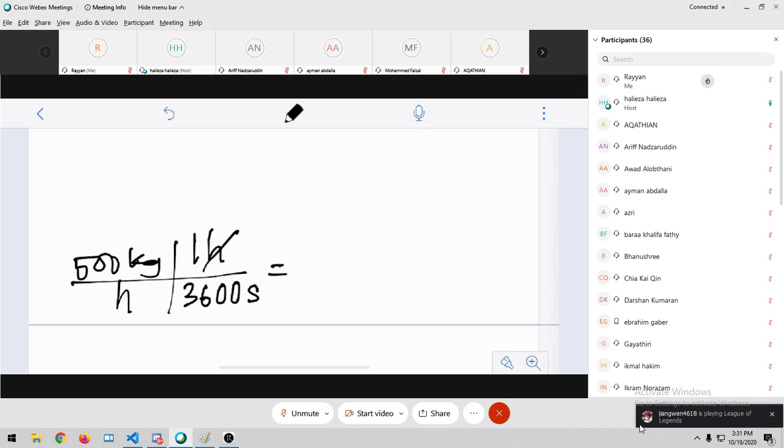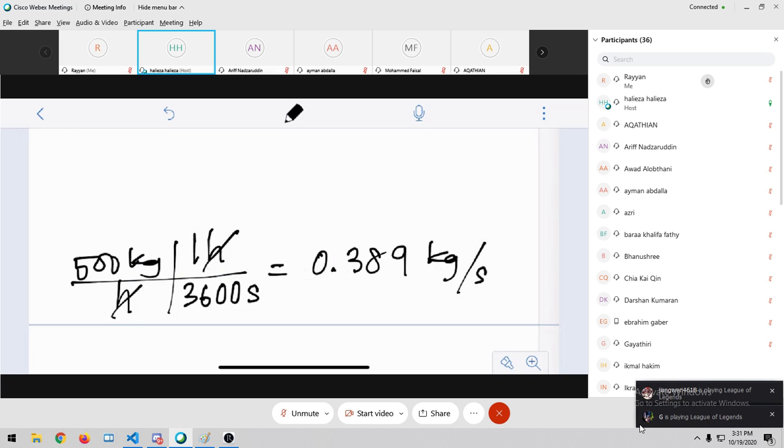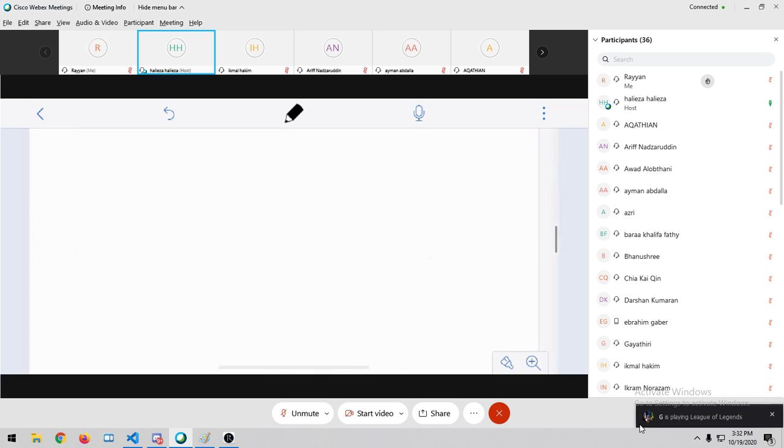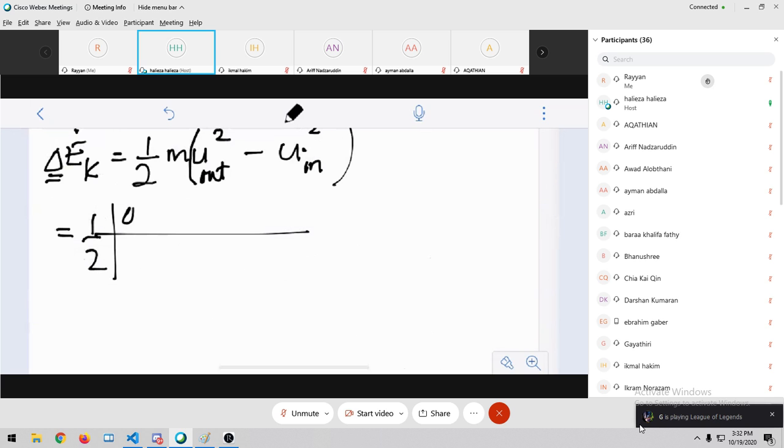That equals 0.1389 kilogram per second. So that's our value, and we need to remember that. 0.1389 kilogram per second.